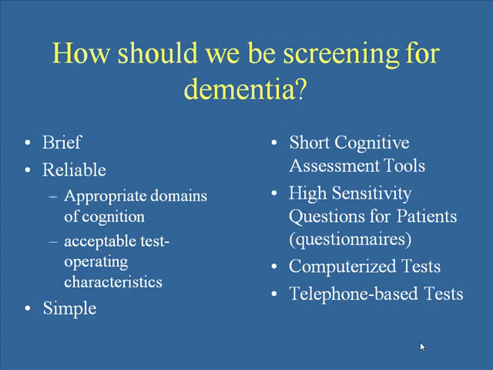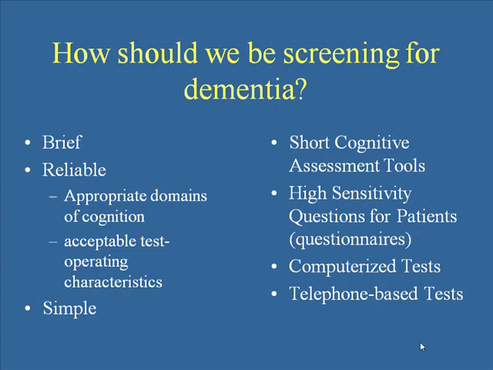We know that there are short cognitive assessment tools that can address the issue of brevity. We know that there are cognitive assessment tools that are pretty sensitive, certainly relatively sensitive, in terms of their ability to detect changes in cognition.